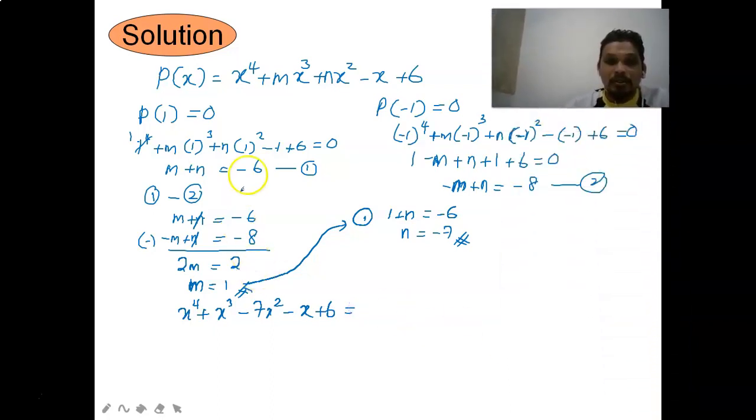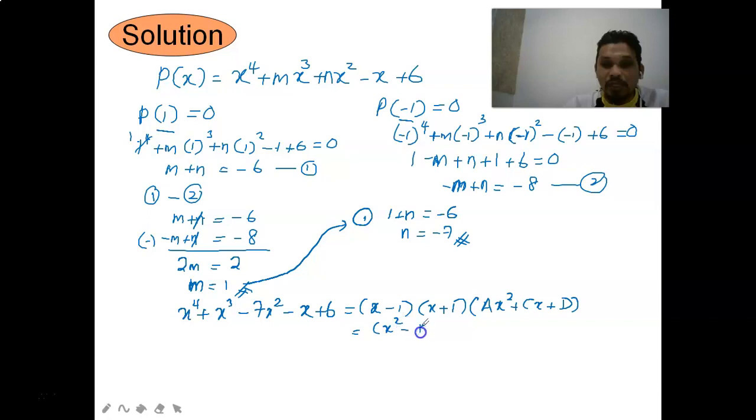Okay, so from this and this, we know that it has the factors x minus 1 and x plus 1. x times x equals x squared, but what we have here is x to the power of 4. So it means that the other factor comes out with ax squared plus bx plus c.